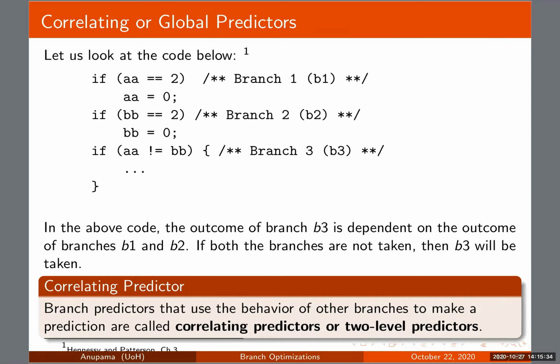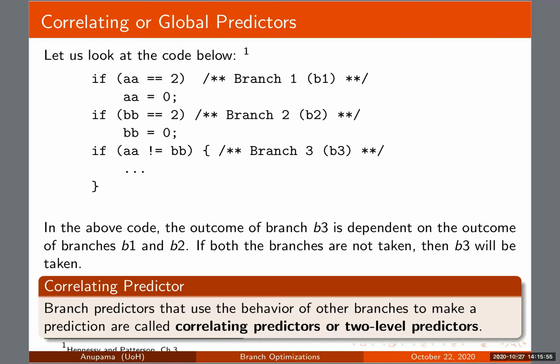And then you have another branch, if AA not equal to BB. Now in the above code, whether branch B3 is taken or not taken is dependent on the outcome of branches 1 and 2, right?